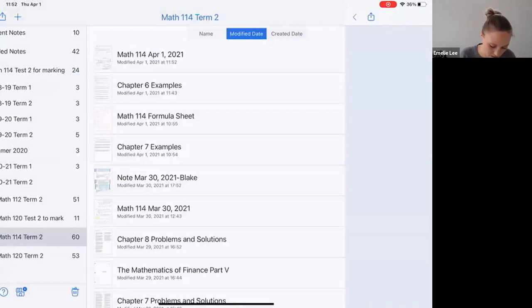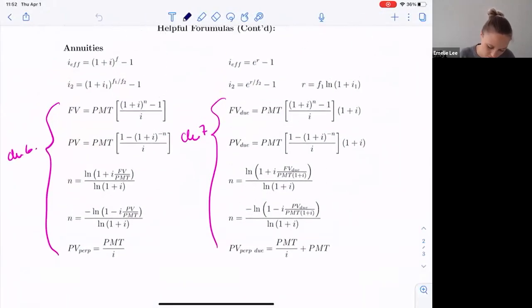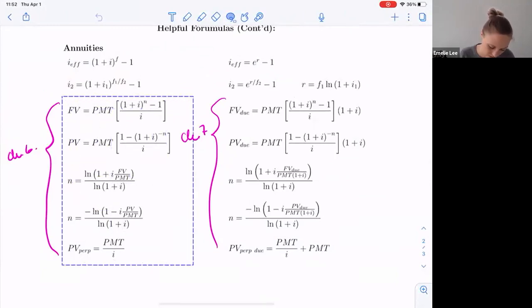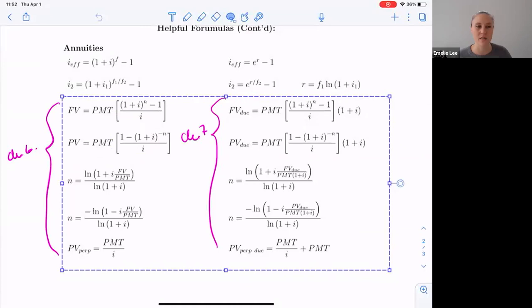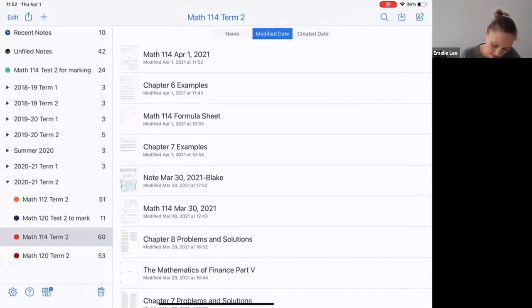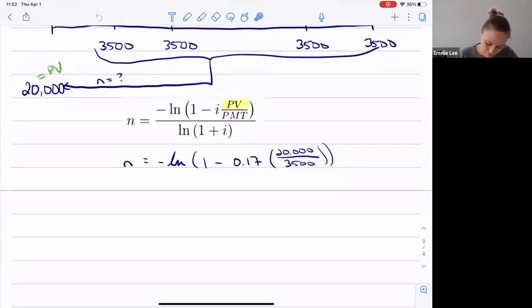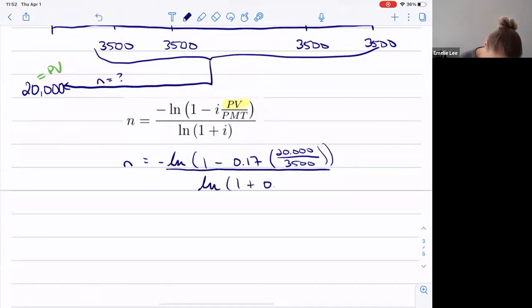For all of these formulas, the I that it's referring to is always I2. Okay, so let's go back. Awesome. And then we have to divide by the log of 1 plus 0.17.